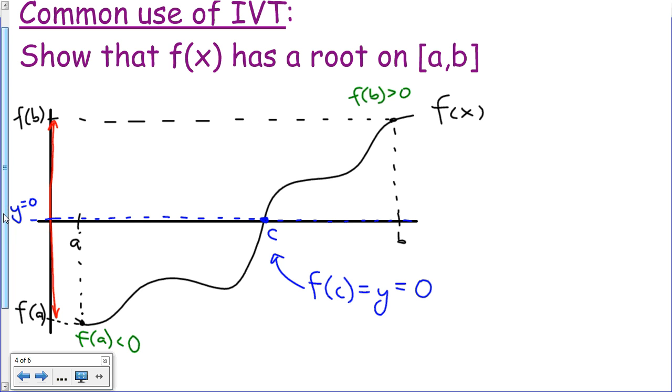So we're guaranteed that f of c is equal to 0. In other words, it's a root, a 0, an x-intercept. That's a common usage of the intermediate value theorem, guaranteeing that there's a root or a 0 of your function on some interval.